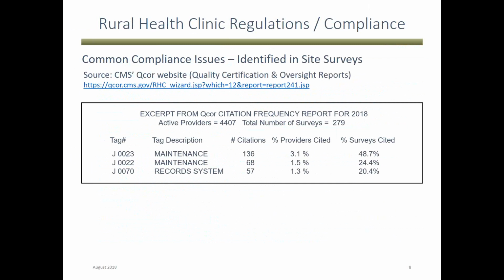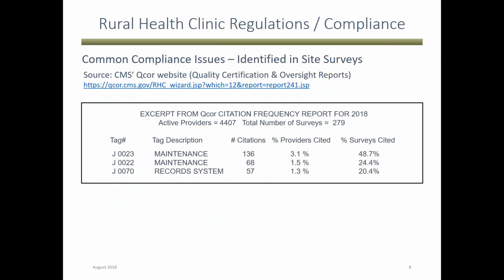It shows that there are presently 4,407 active RHC providers, and in this particular period, there were 279 surveys done. Now again, remember that those are generally done at the inception of a clinic, but there may be reasons why a site survey is conducted for potential deficiencies, issues, things of this nature.